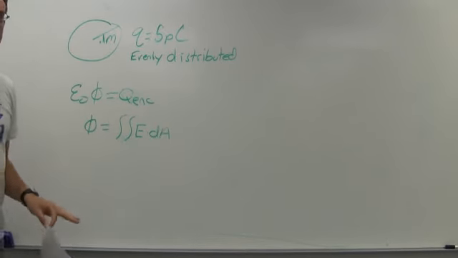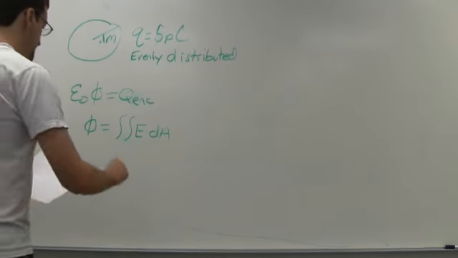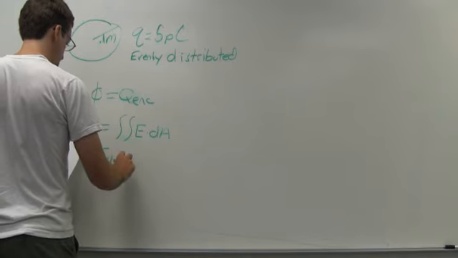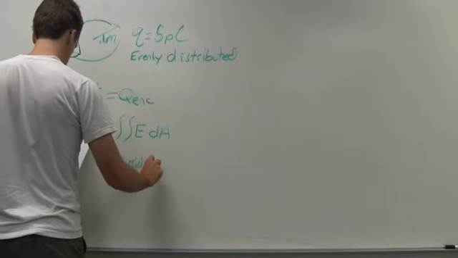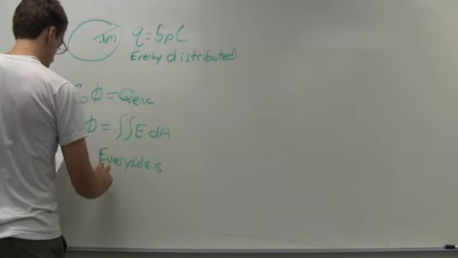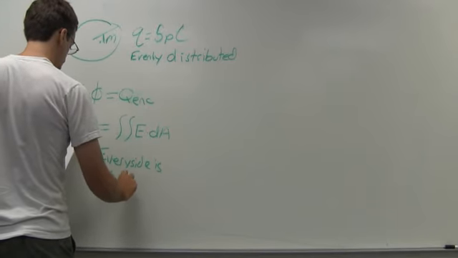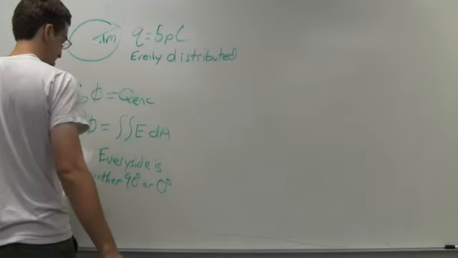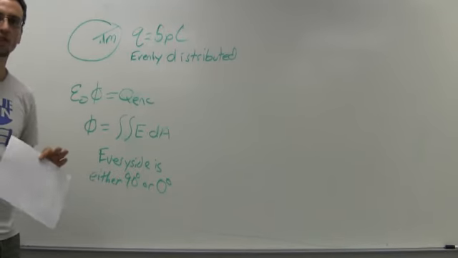Since it's E dot dA, we want something where the electric field at every side is either 90 degrees or 0 degrees at an angle to the surface.